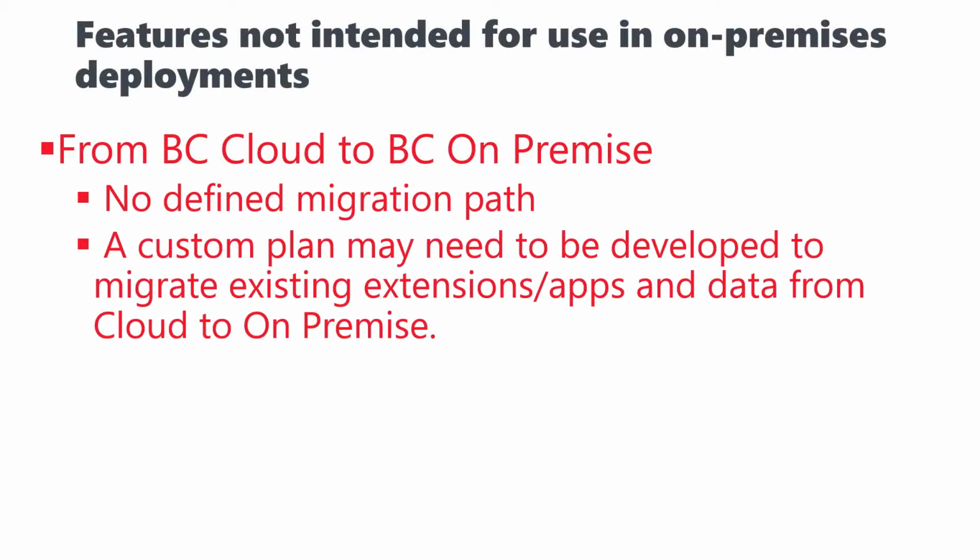A custom plan may need to be developed to migrate existing extensions or apps or data from cloud to the on-premise. So this is something that, if it has to be done for some reason, where you need to move to an on-premise environment from the cloud, that's something that's going to require special consideration.